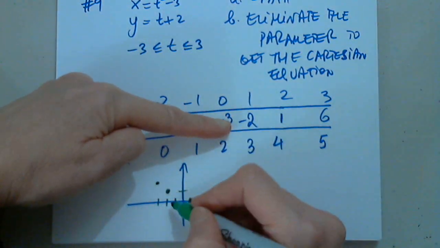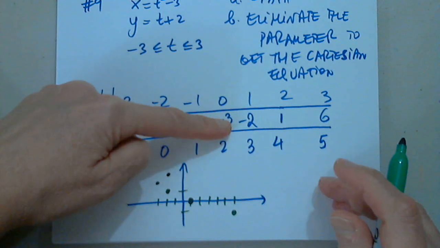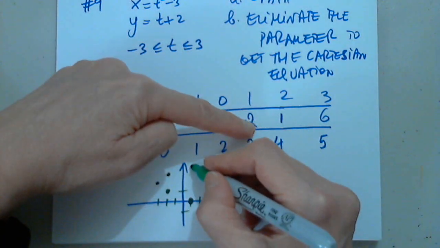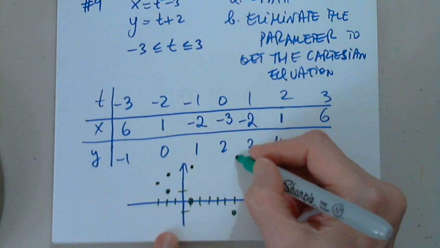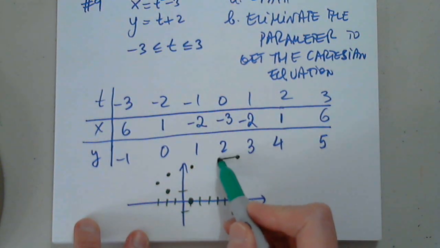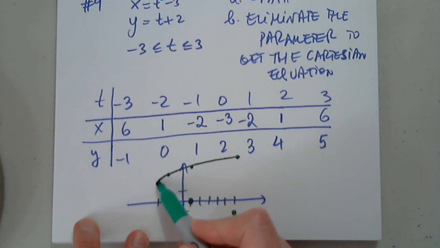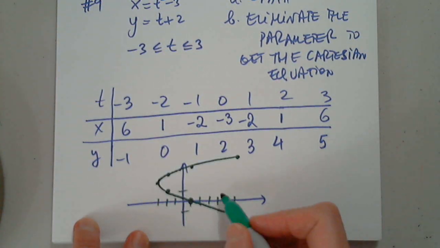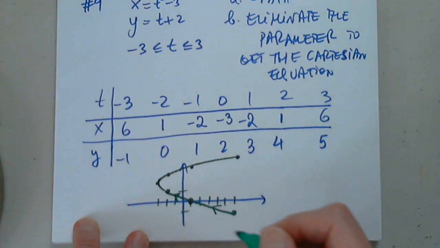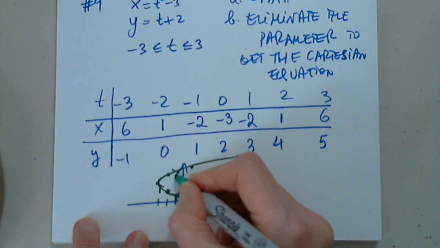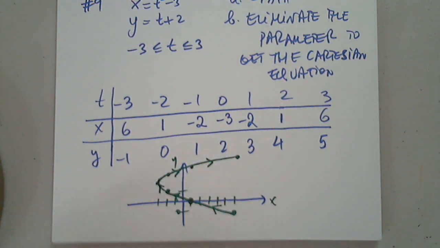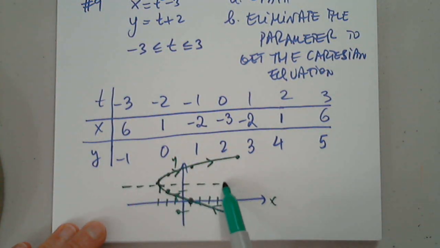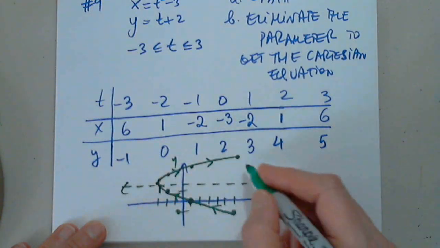Negative 2, 3. 1, 4. And 6, 5. How nice. That's how we started, and that's the direction. And we know that this is a parabola with axis of symmetry at y equals 2.